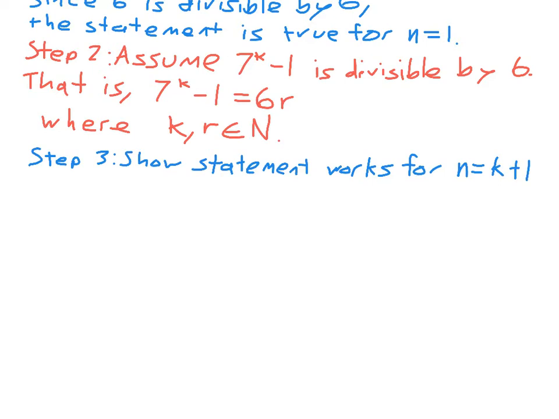Okay, so what we're trying to show is that 7 to the k plus 1 power minus 1 is divisible by 6. So what I'm going to do with the 7 to the k plus 1, I'm going to change this into 7 to the k times 7 to the first.